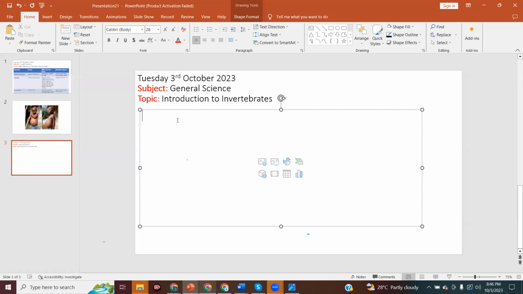Invertebrates. So, the animal kingdom. Let's write this down. The animal kingdom is divided broadly into two main groups. What are they?